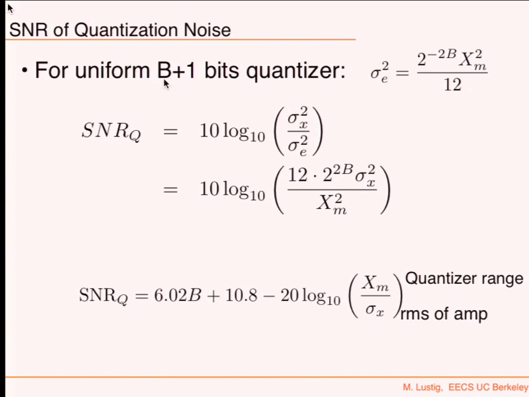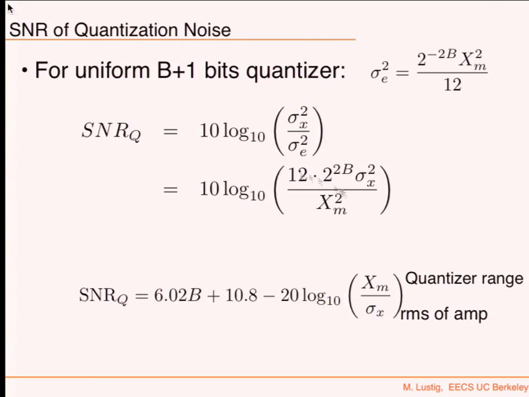So for a uniform B+1 bits quantizer, and if you don't use a uniform quantizer the analysis will be very different, so we're talking about uniform quantization, where the variance is given by this. The SNR of the quantization is 10 log 10 of the power of the signal that's coming in, divided by the power of the quantization noise.